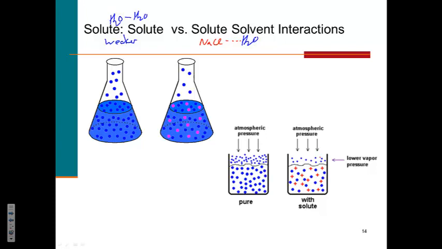They show lower vapor pressure here, fewer molecules in the gas phase. And that's because you can think of these solute particles here, these little red pluses, as holding onto the water molecules, keeping them in the liquid phase. If we wanted to boil this, we'd have to heat it up higher to break that stronger interaction, so the boiling point would go up, vapor pressure goes down.